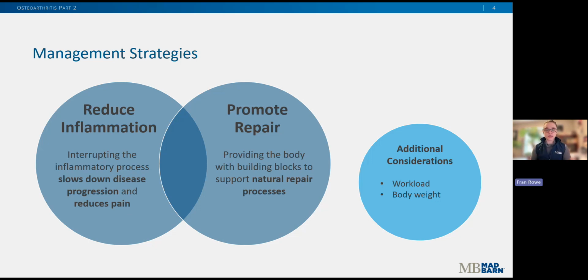So our two big targets, which we already talked about, are going to be reducing inflammation in the joint and then promoting repair in order to kind of combat some of those degenerative changes in that affected joint or joints. So some of our strategies that we'll talk about kind of overlap in these two departments. So let's go ahead and kind of walk through what some of our options are.